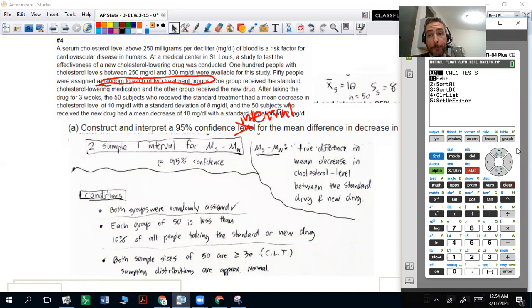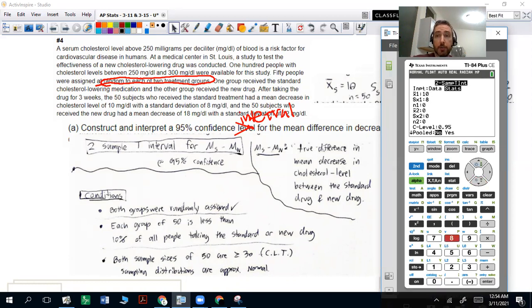Stat, tests, 2-samp T interval. That should be option 0. Go to stats, and let's throw the numbers in. So we have our x-bar, S, and n: 10, 8, and 50.